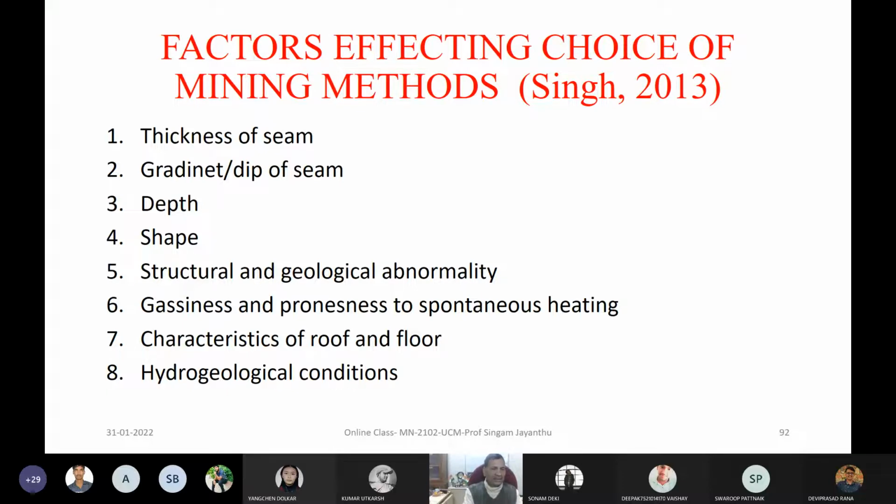Suppose if the seam thickness is, for example, it may vary even from 0.6 meter and 0.3 meter, even to such a thick seams. I can show you as far as the thickness of the seam is concerned. So this is even we have in USSR, that is a former USSR, Ukraine, whatever, even 160 meter thick seams.